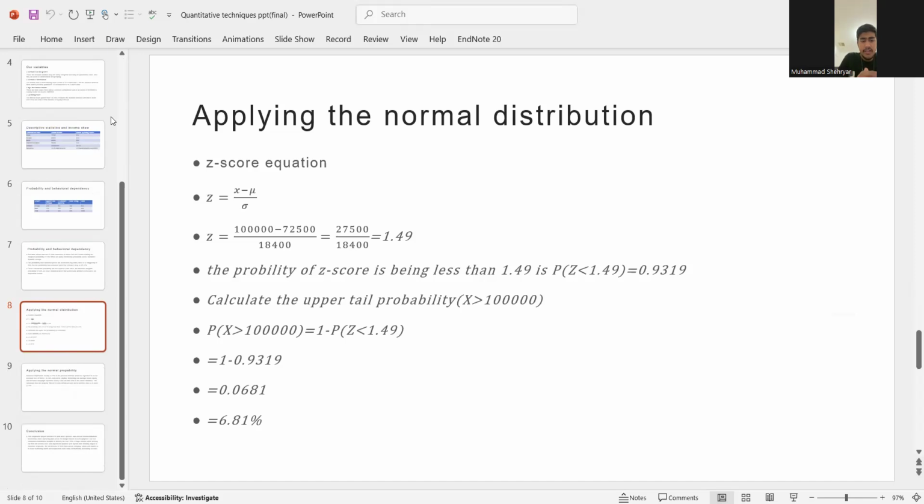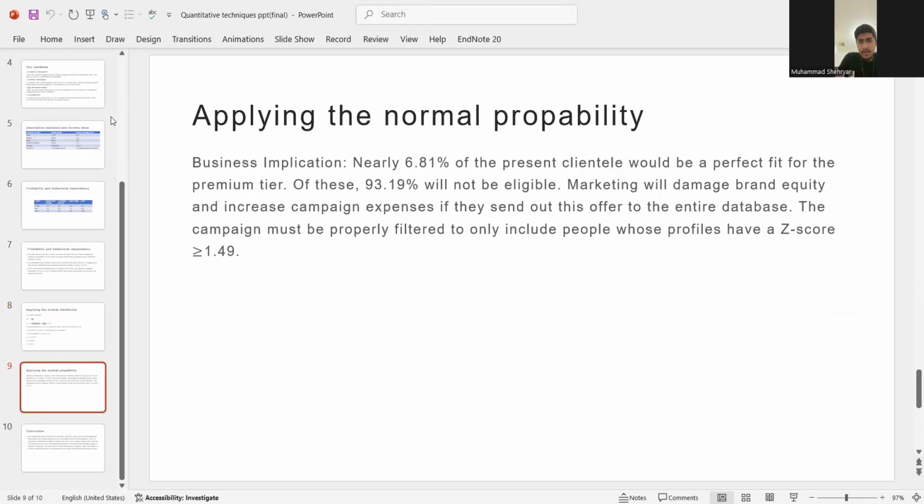So in the next slide, applying the normal probability, the business is nearly 6.81% of the present clients and would be a perfect fit, while 93.19% will not be eligible in the market. Marketing will be damaged, and brand equity and campaign expenses will increase, if they send out this offer to the entire database.